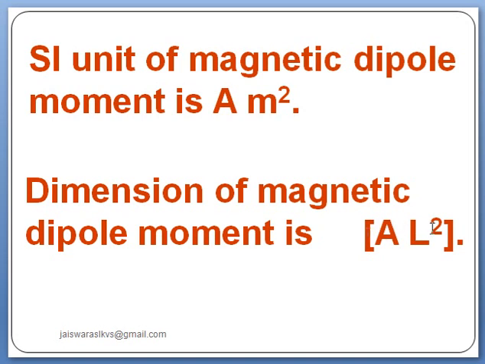That is very important, and you are supposed to memorize the SI unit and dimension of magnetic dipole moment, capital M. So as of now we have studied the representation of uniform magnetic field line, then current loop as a magnetic dipole, then magnetic dipole moment, then SI unit of magnetic dipole moment, then dimensional formula of magnetic dipole moment.